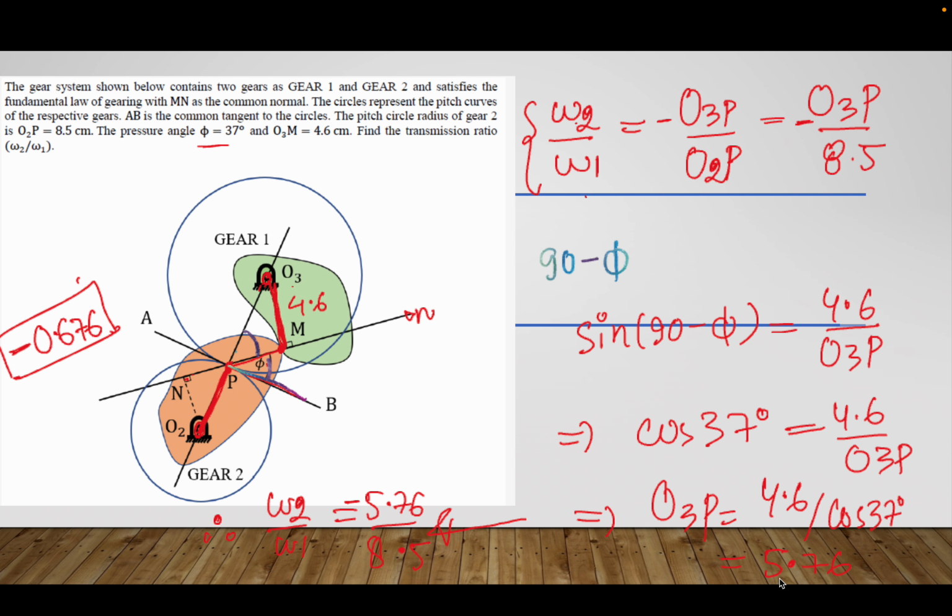So basically, to give a background view of how we derived this formula, it is already mentioned in the lectures, you can watch that.